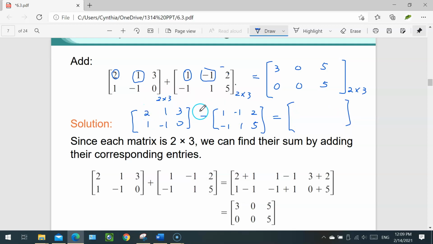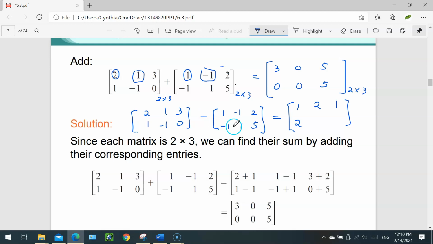Now 2 minus 1, we get 1. 1 minus negative 1 turns into a positive 2 because you have a double negative sign here. 3 minus 2, we get 1. Now we move on to row 2. 1 minus negative 1 turns into a positive 2.